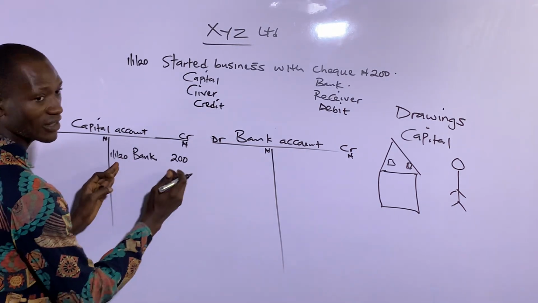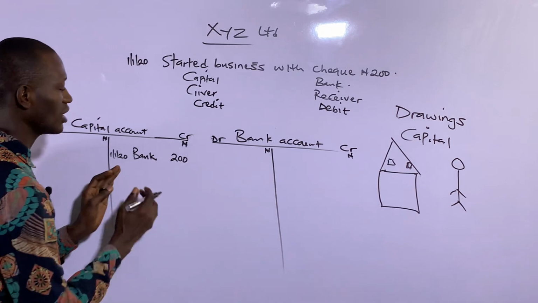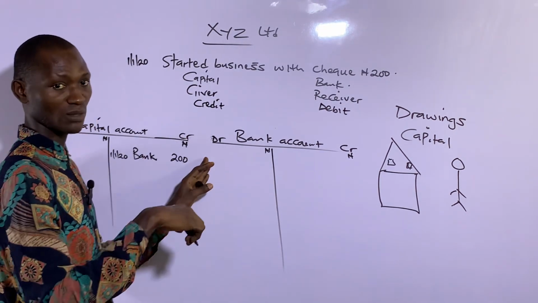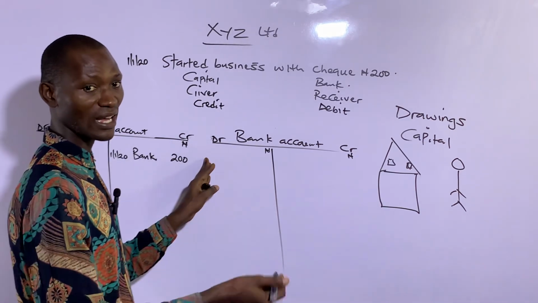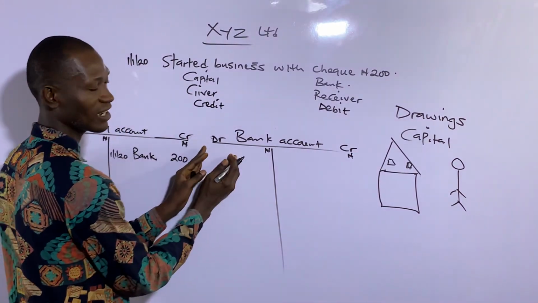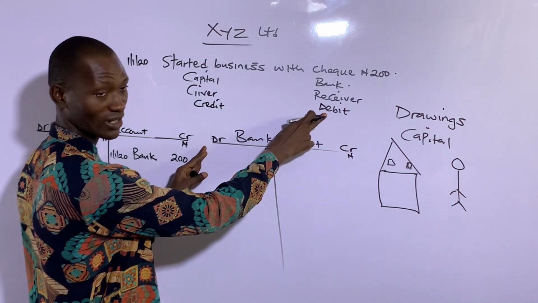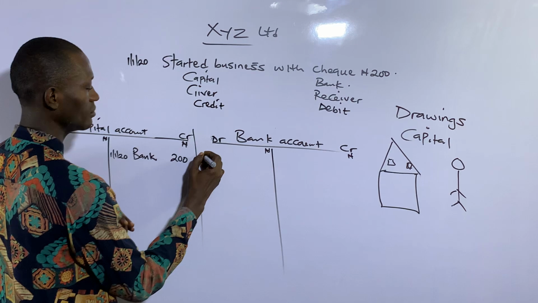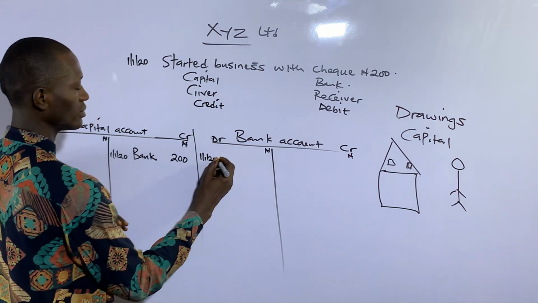And for every credit entry, by the double entry principle, there must be a corresponding debit entry in another account. So in bank account, we are going to debit it, since we already said that. The date is the same, 1/1/20.